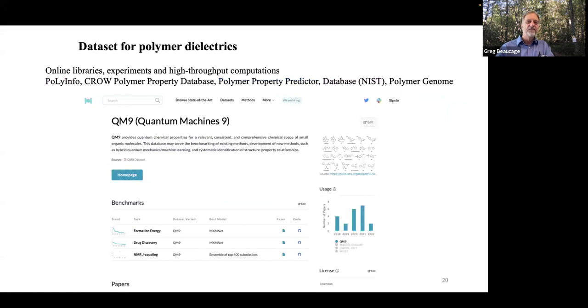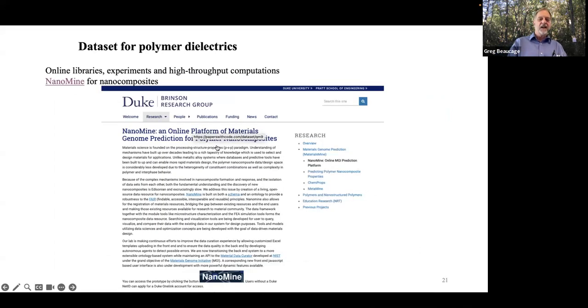But in this paper, he's using polymer data sets for polymer dielectrics, QM9 and something else. So in this review paper for dielectrics, those are the things he's using. Then there's nano minus for nano materials, which is a Duke thing.